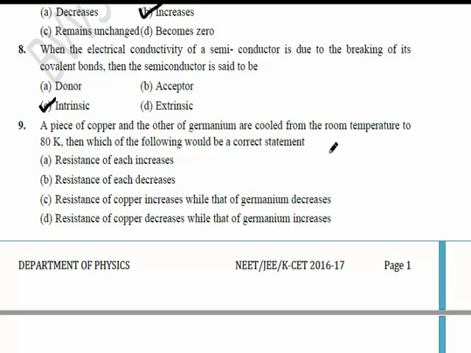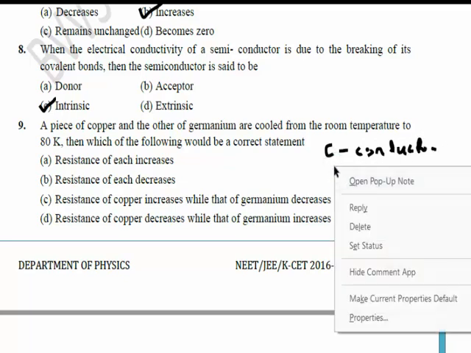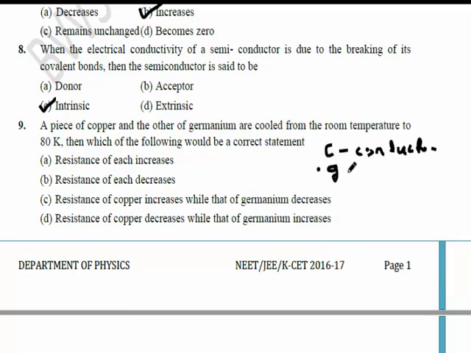Copper is a conductor. Germanium is a semiconductor.